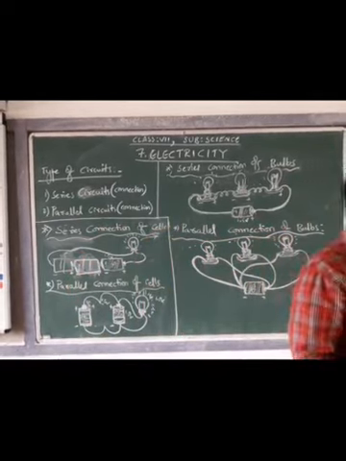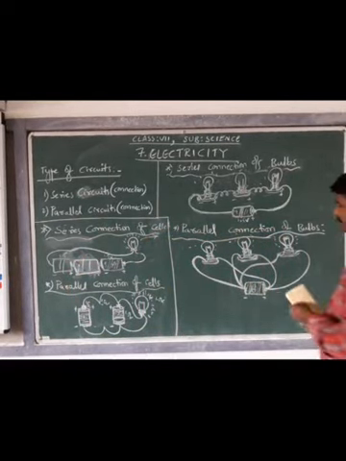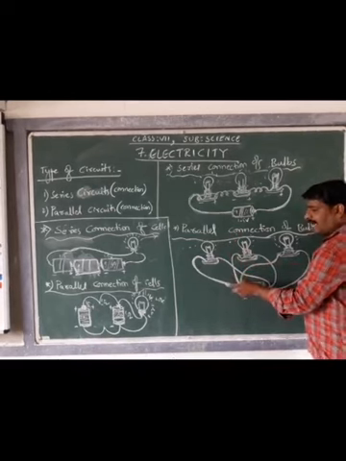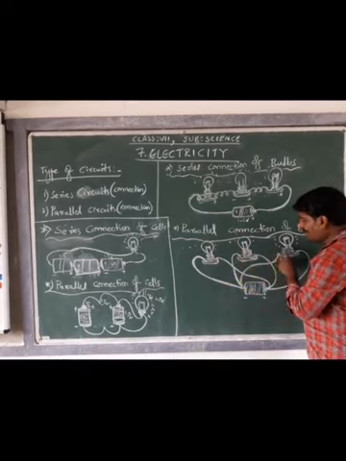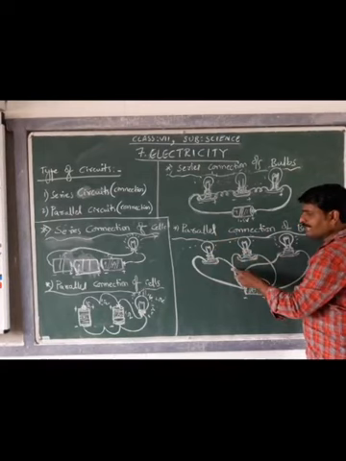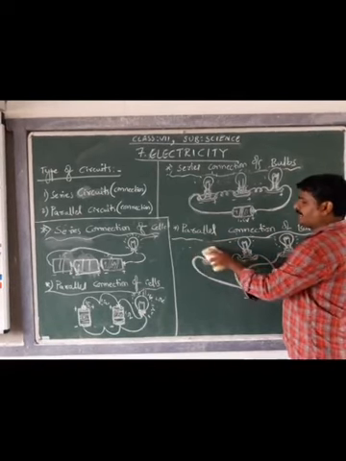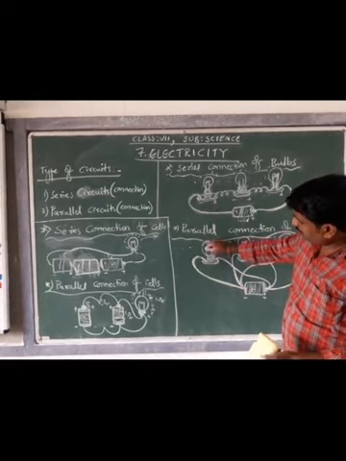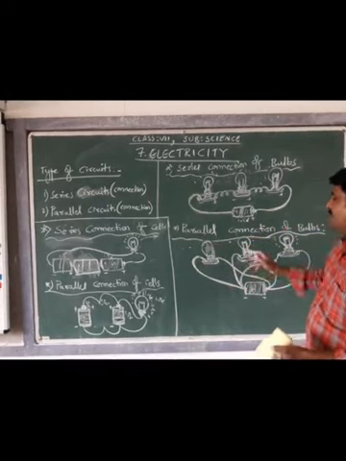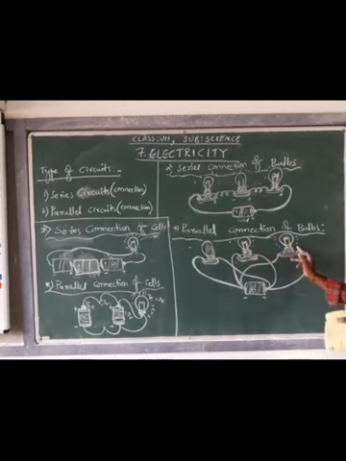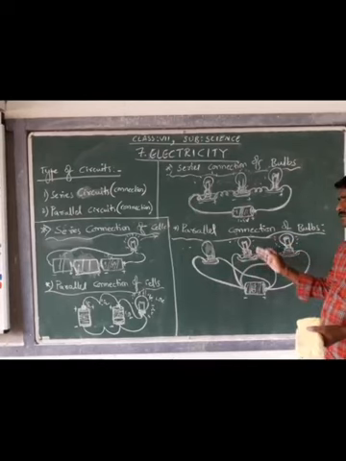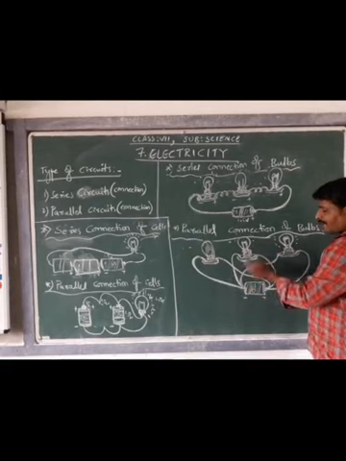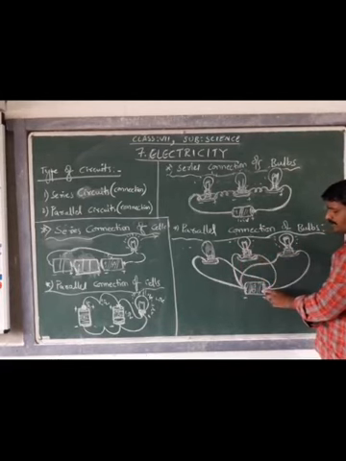What is the advantage here? The advantage is that as all the devices have their individual paths, if one bulb is short, or if the filament of the bulb is short, the functionality of the other two bulbs will be retained, because they continue to glow; each bulb has its own respective electric flow.